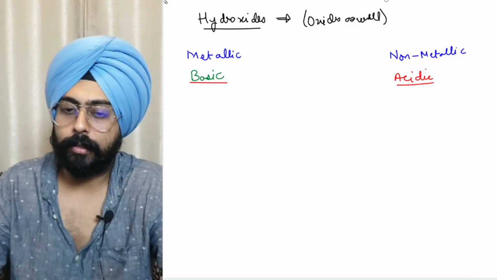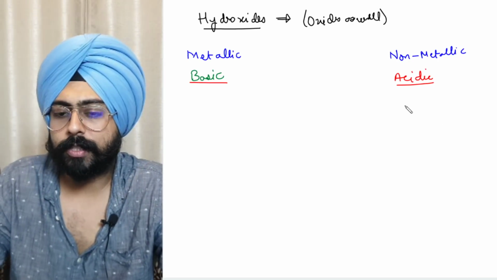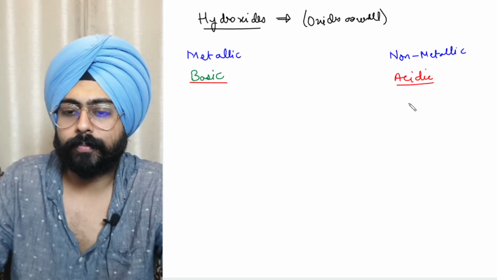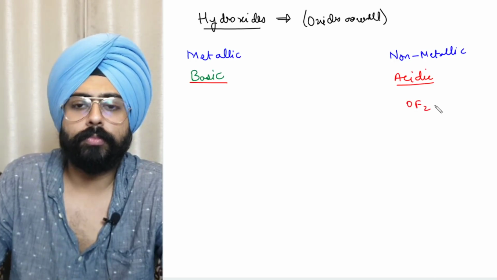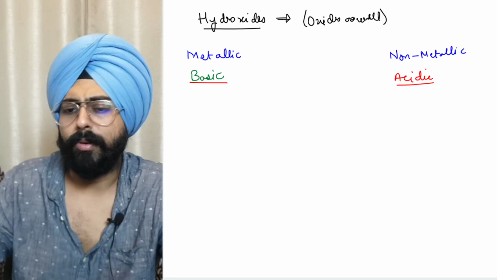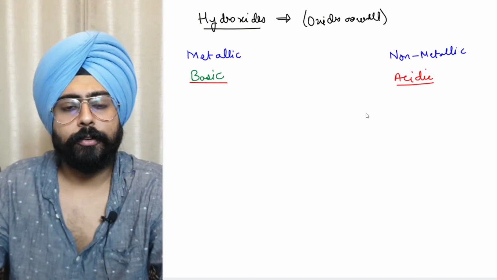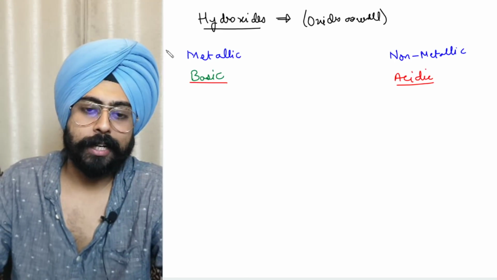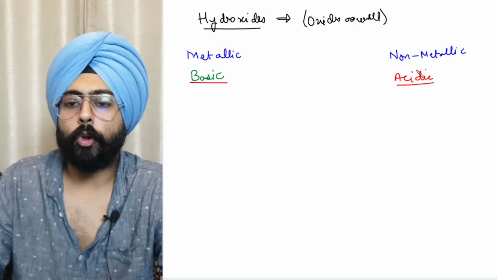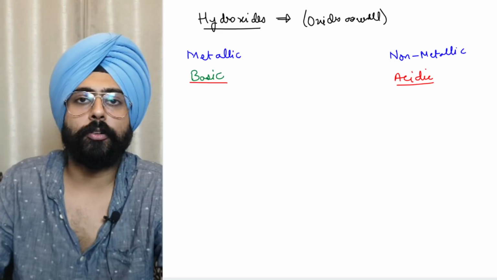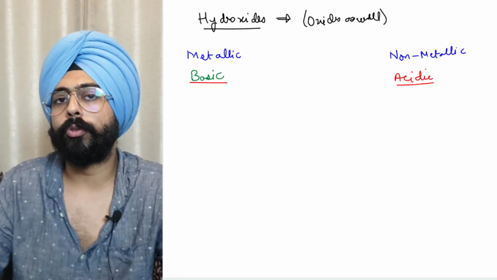Slowly and steadily we'll learn everything. Non-metallic oxides में you can have OF2 kind of a species, different oxides. So when you dissolve those oxides in water, again for metallic oxides, metallic hydroxides, they will give you a basic solution. Non-metallic oxides and hydroxides will give you an acidic solution.